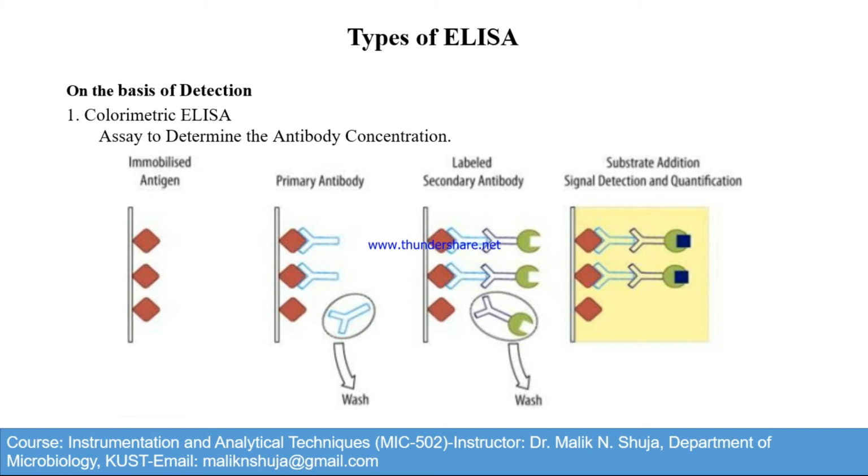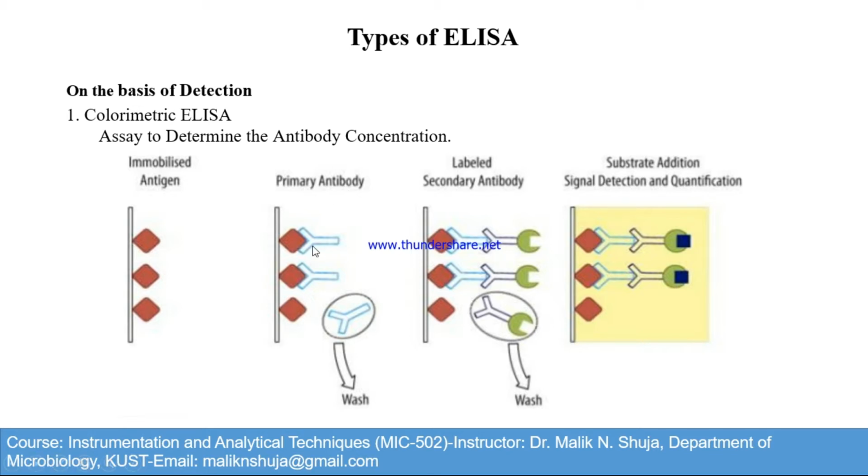This basically results in a color reaction product that absorbs light in the visible range. The optical density, or the OD, of the reaction product is typically proportional to the amount of analyte being measured in the sample. Initially, we coat the microtiter plate with the antigen in order to immobilize the antigen.